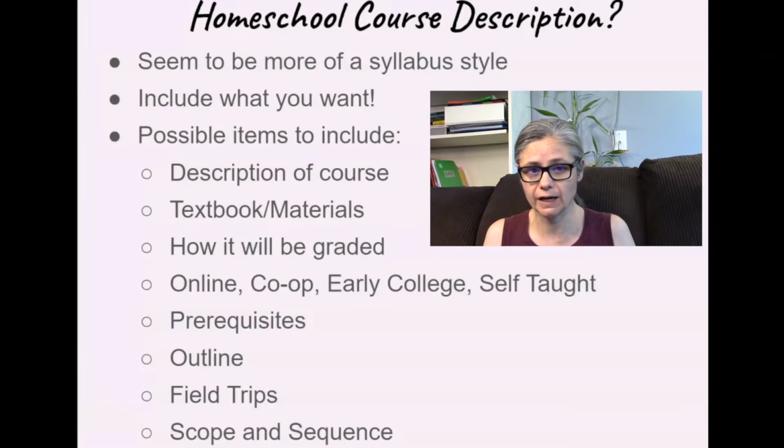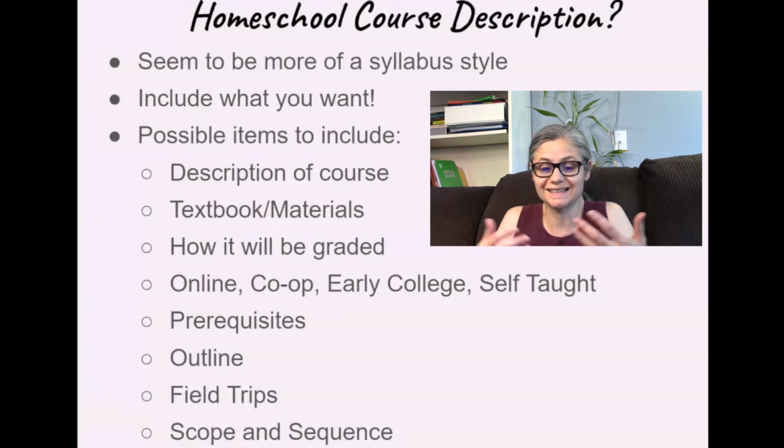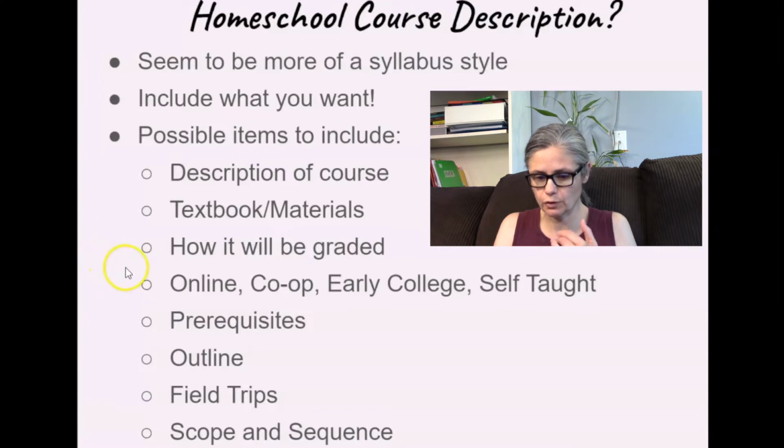What I have found are that the things that people put in a homeschool course description are things like description of the course, textbooks, how it's going to be graded, is the course online, co-op, early college, self-taught, were there any prerequisites for it, outlines of what's going to be taught when, field trips, scope and sequence.